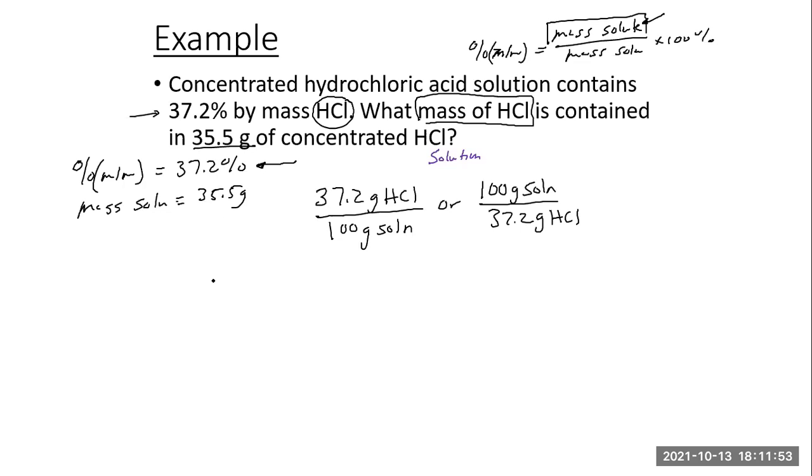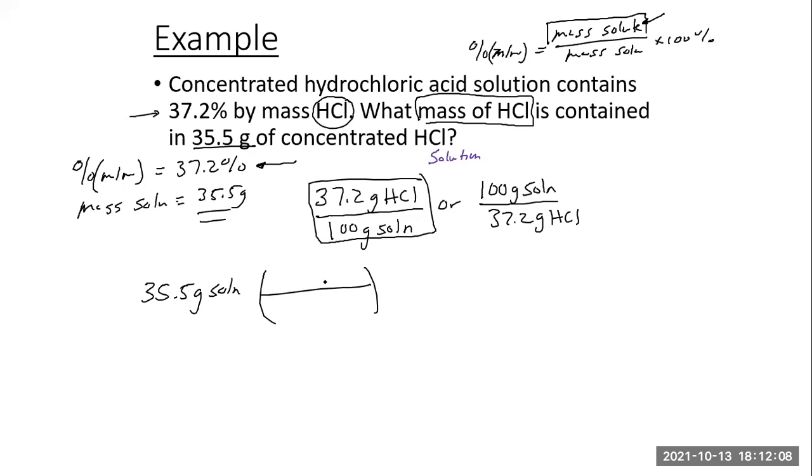So if we did this using this as a conversion factor, we could start with the 35.5 grams of the solution. Here we would want to use the conversion factor on the left, where we would have 37.2 grams of hydrochloric acid and 100 grams of solution.